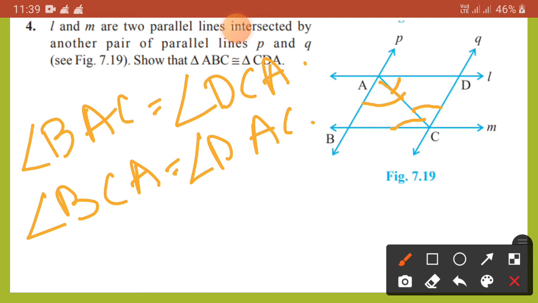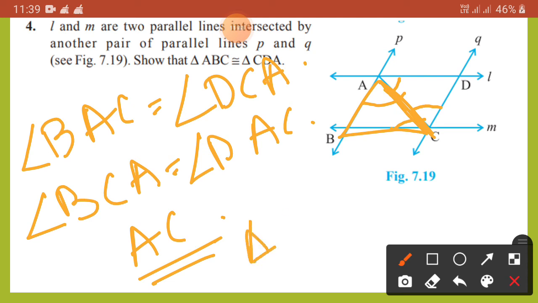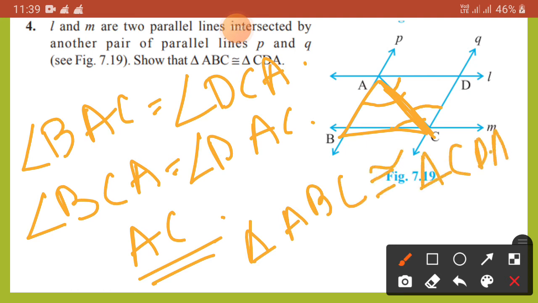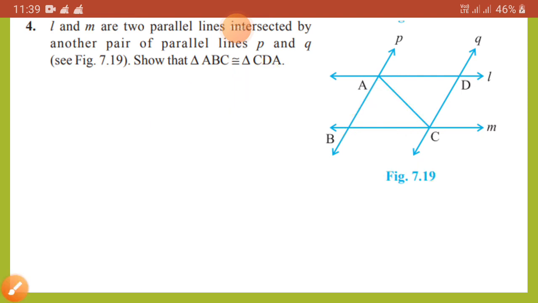And AC is the common arm in both triangles. So by ASA congruence, triangle ABC is congruent to triangle CDA. Got it? Go to the next question.